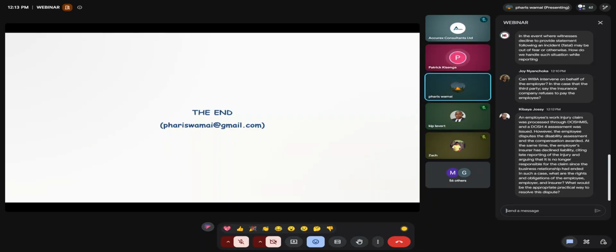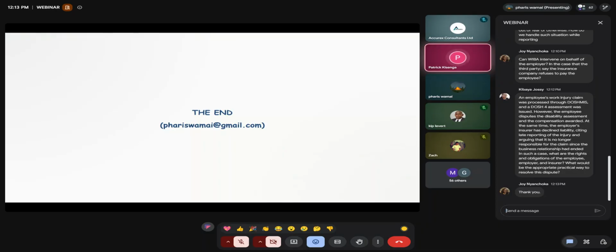Will I be right to say or wrong to say that DOSH goes to court on behalf of the person? And additionally, I want to give my question. I have a similar case, where an employee got injured and the DOSH awarded 5%.